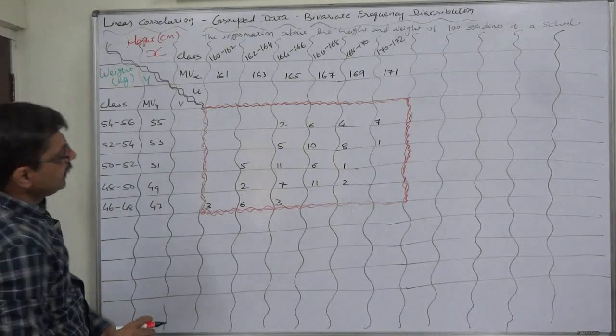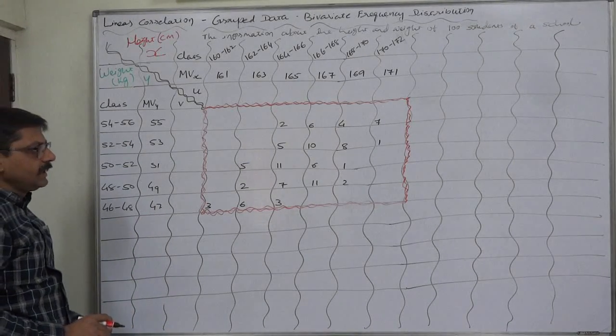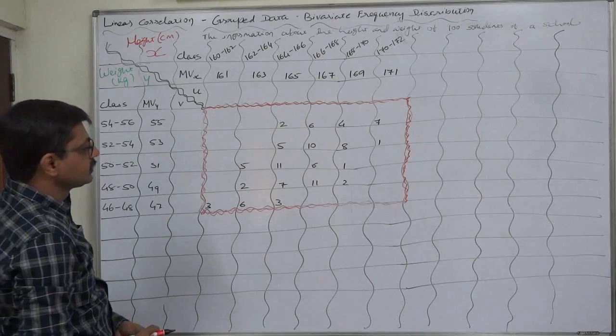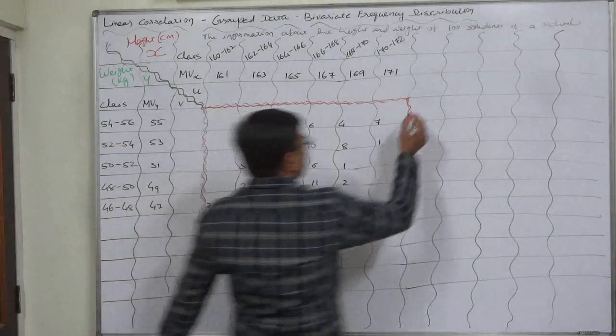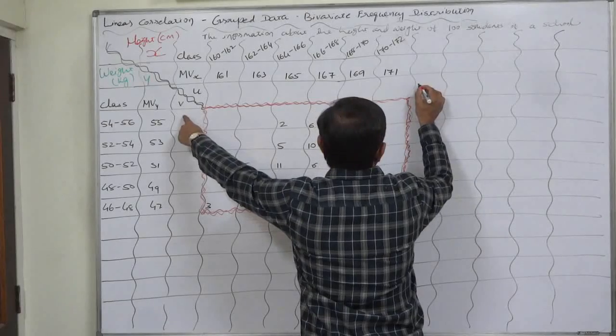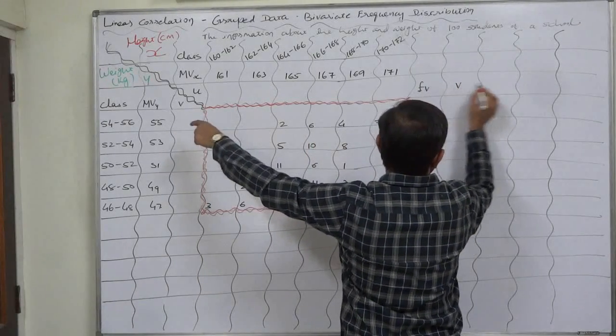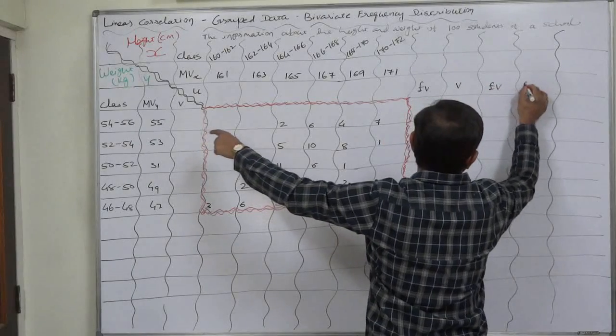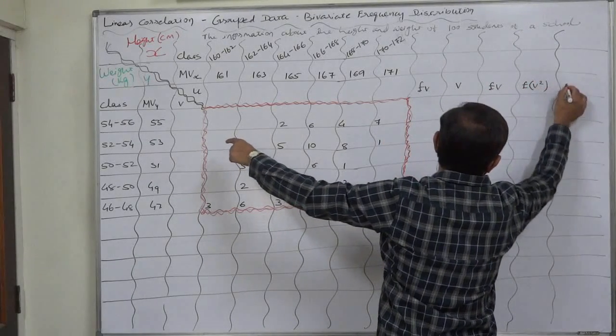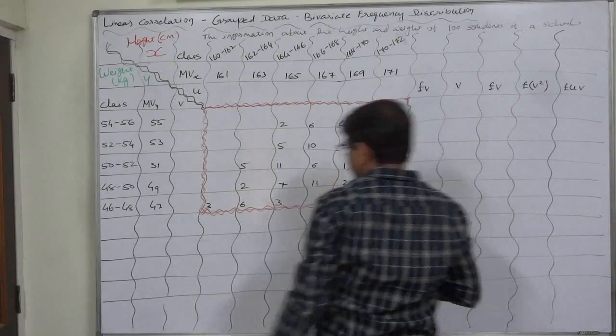Before selecting the mid value to find out u and v, we should have the summation of frequencies. This will be summation of frequency for v, repeating column v, f into v will be fv, f into v square and last will be fuv.